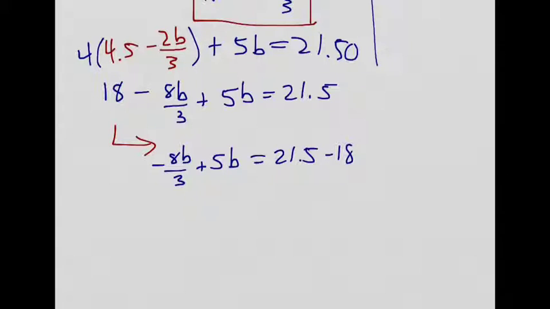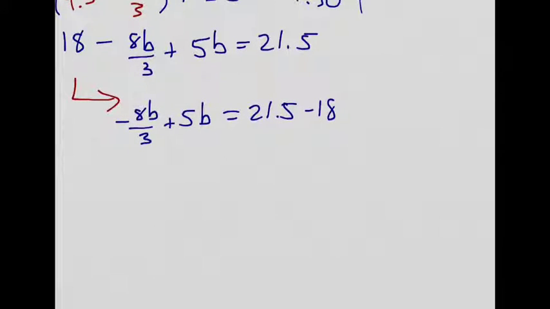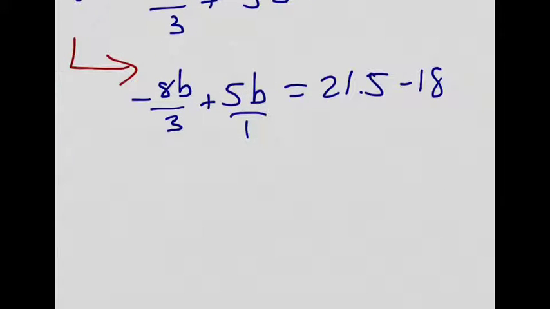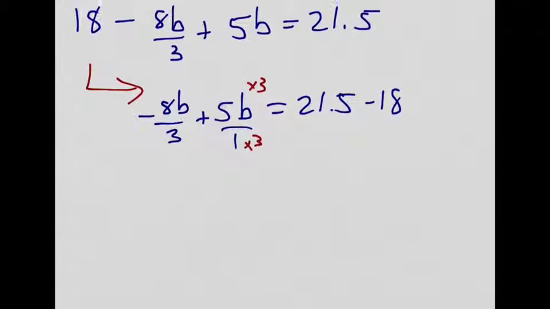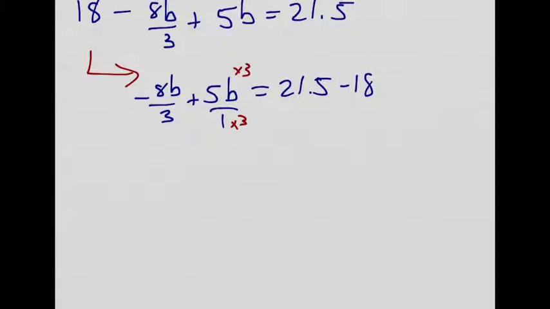What's the rule when you add or subtract fractions? Common denominator, right? So I'm going to put this over 1 and multiply by 3. You can already see the craziness that we're having to deal with here. So this is negative 8B over 3 plus 15B over 3 equals 3.5.